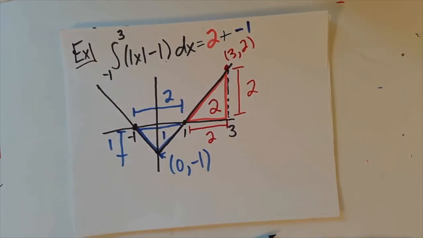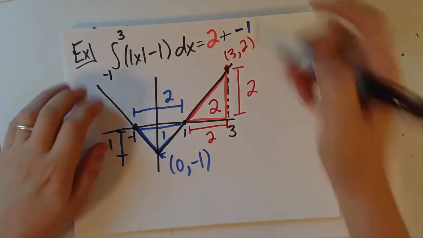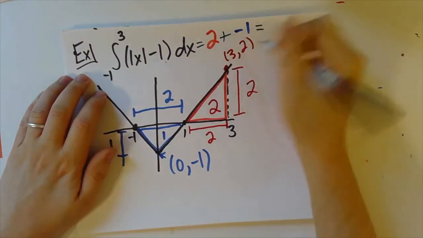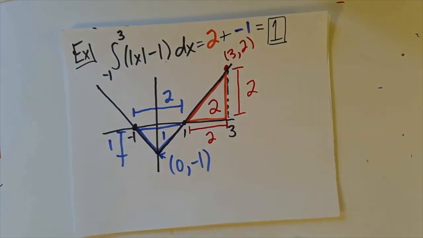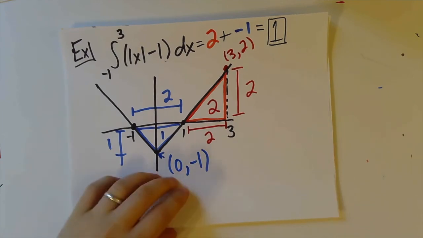So in total, this is going to work out to be 1 as the value of my integral. So that's a bunch of examples of how integrals work now that we're allowing ourselves to dip below the axis. I only have one more note about this.